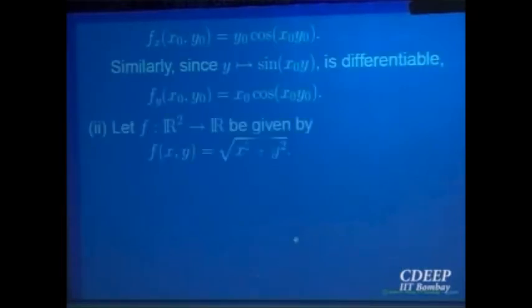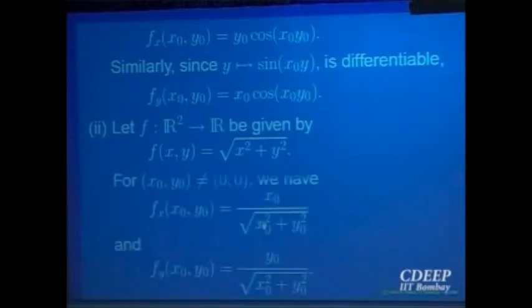So partial derivatives exist. Let us look at the function f(x, y) equal to square root of x square plus y square. For this function, at every point other than 0, 0, you can differentiate using your one variable techniques. Fix y equal to y naught or x equal to x naught and find the partial derivatives. But that same thing will not work at the point 0, 0, because there will be a problem.